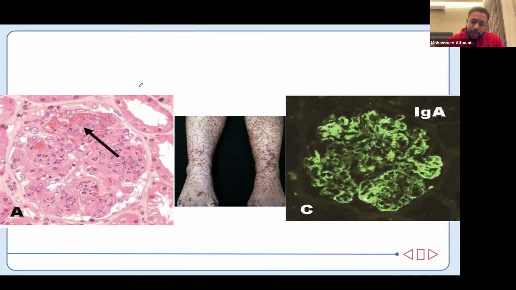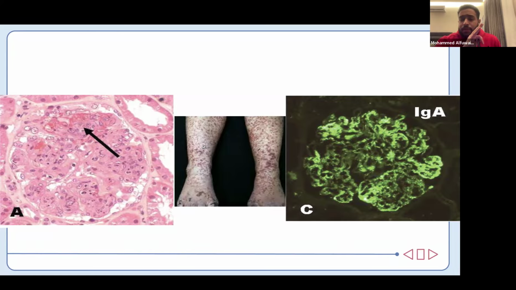Now you have this child who, very similar, had an upper respiratory tract infection, and 5 days later presents with palpable purpura in the lower legs, okay, and joint pain, GI pain, and then you can see hematuria. And then IgA deposits. HSP, Henoch-Schönlein purpura or IgA vasculitis.